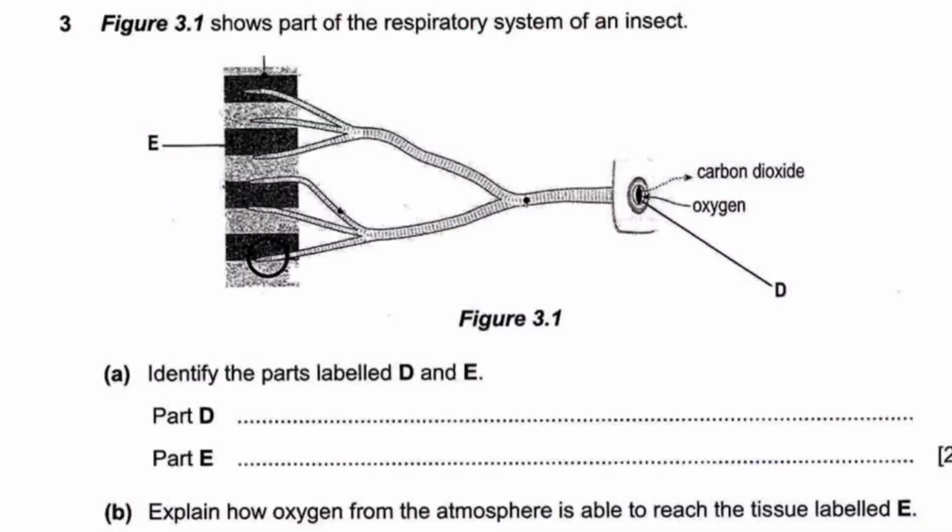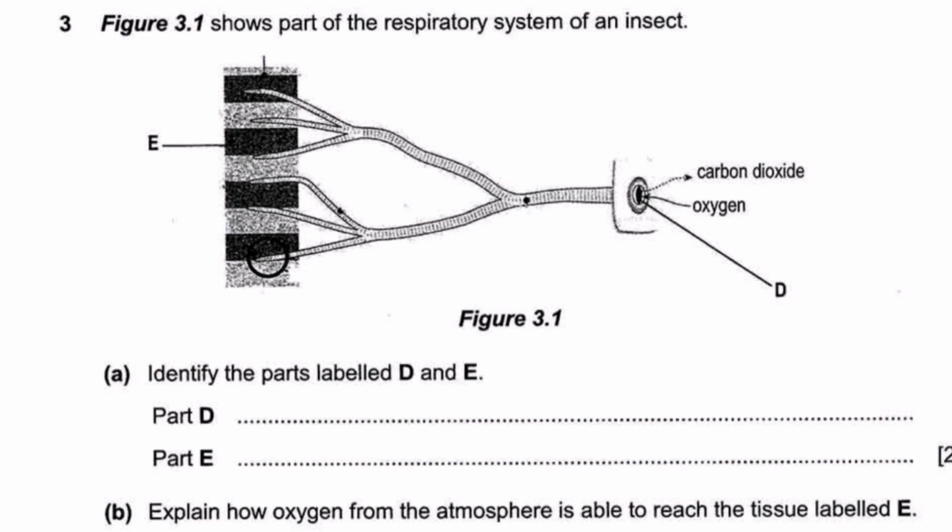Guys, let's look at respiration in insects by answering this question. The question reads, Figure 3.1 shows part of the respiratory system of an insect. The diagram is very clear there.